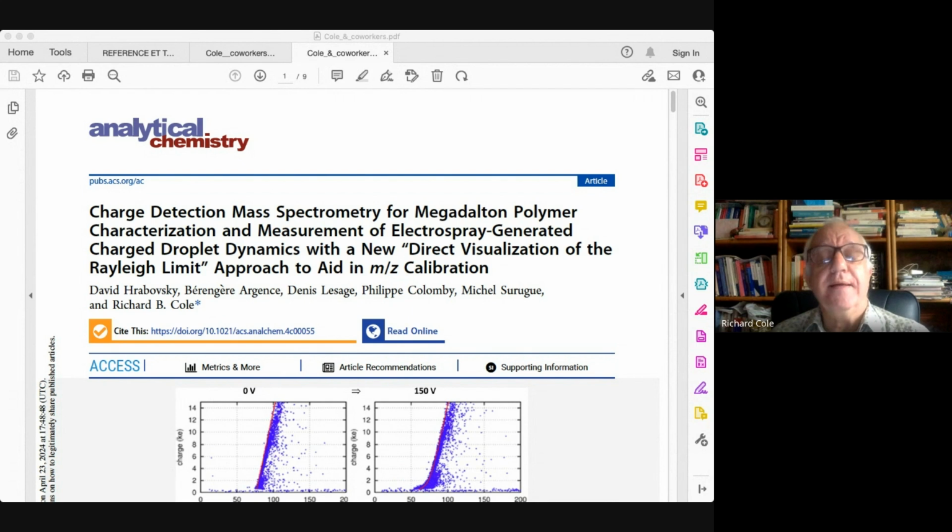It's going to be particularly useful for polymer characterization, just because it's capable of measuring such high masses and high mass to charge ions. One of the challenges for us is finding methods to accurately calibrate the instrument, and that was a central focus in the paper that just came out.